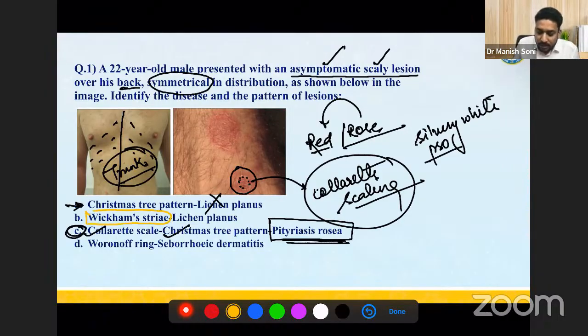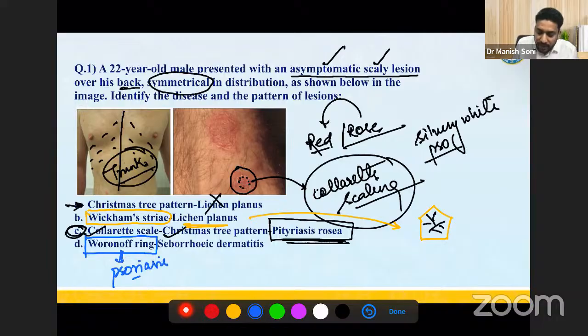Now also remember that in lichen planus, there is one important finding known as Wickham striae. Wickham striae is a feature of lichen planus, which presents as plain purple polygonal pruritic papules, and you will get this reticulate pattern known as Wickham striae. And if you see another option, Woronoff ring, remember it is not seen in seborrheic dermatitis, it is seen in psoriasis.